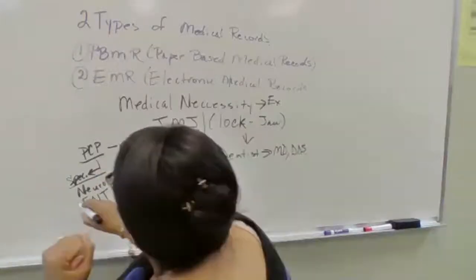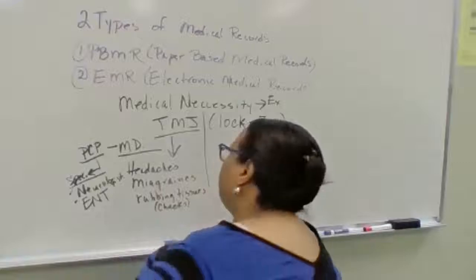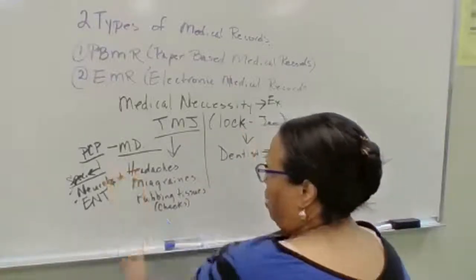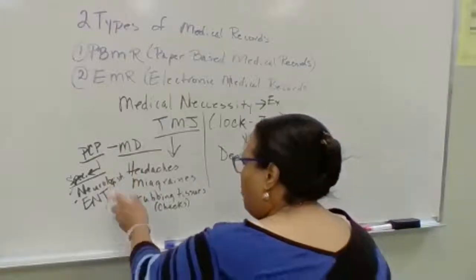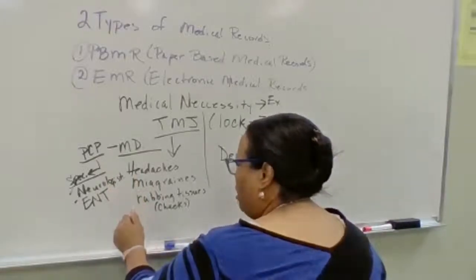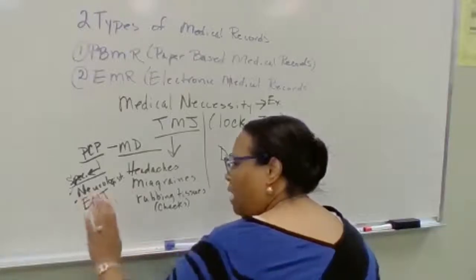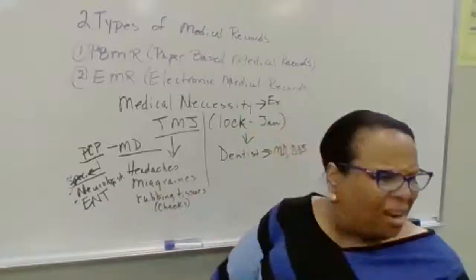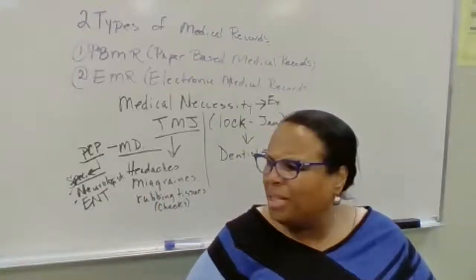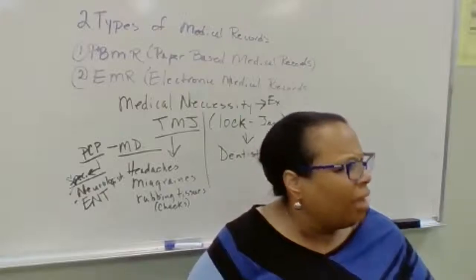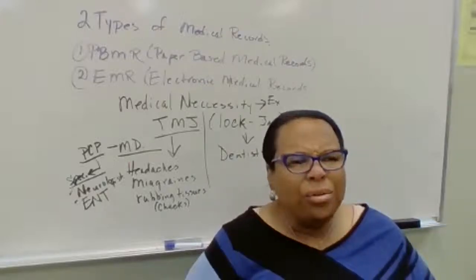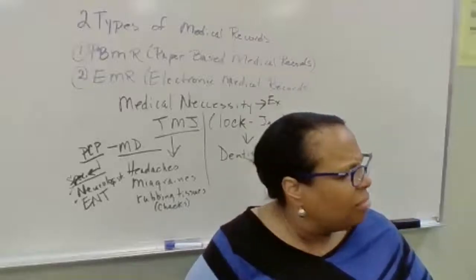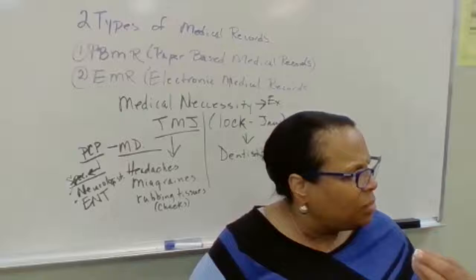When I worked in the insurance industry, whenever we would ask the providers for more information, and they try to appeal to us about why this claim should be paid, we'd ask them to send us copies of the patient's medical records.